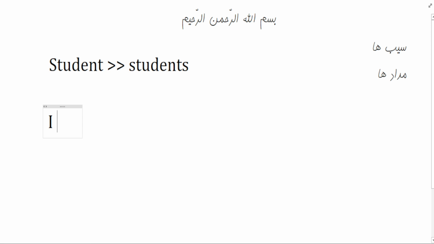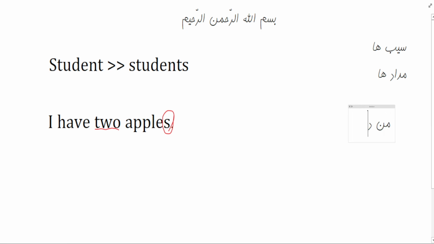I have 2 apples. English, right? 2 apples. This S, indicator of plural, exists when you are counting the object, which is apple in this case. But not in Persian. So in Persian, you would say man do sib daram.